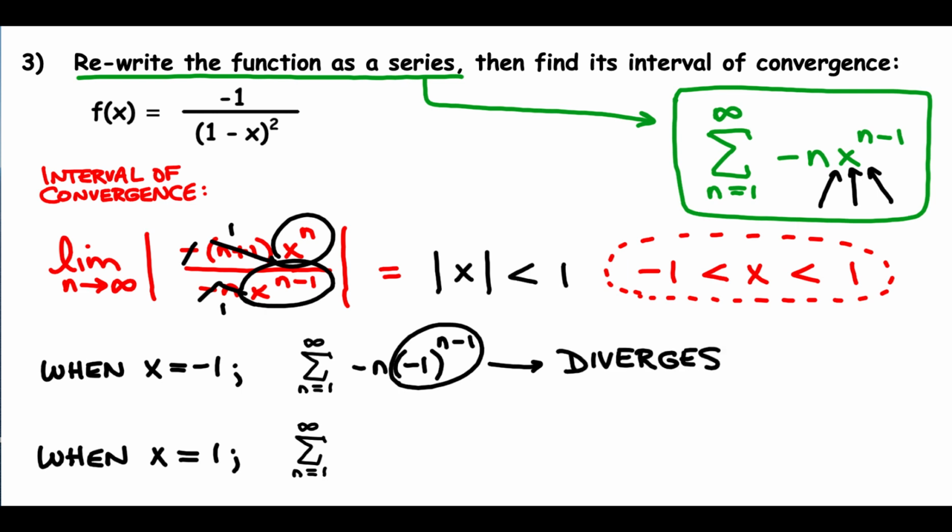If you put x equals positive 1 up there, you're going to get the negative sign, of course, and the n. And you'll have 1 to the n minus 1, which of course is just 1. And that's just going to grow. It's going to stay negative its whole life, but it's going to get farther and farther from 0. It will also diverge by the nth term test.